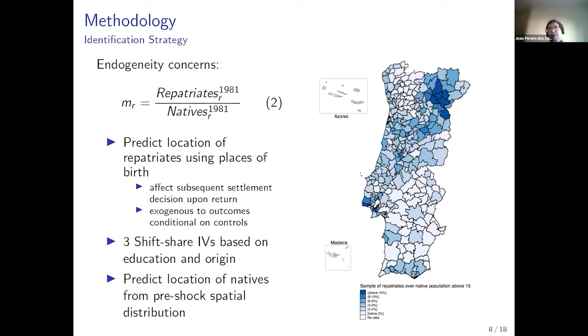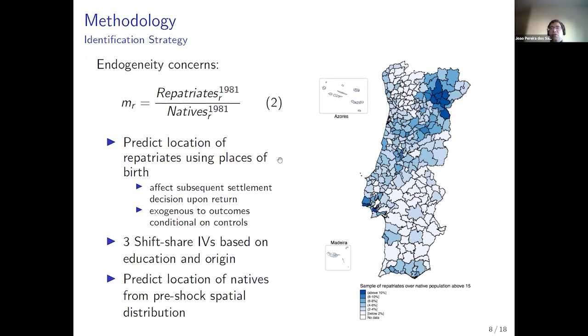So to deal with this issue, we have to construct instruments that predict the location of repatriates, and we do so by using their places of birth. This is a good idea as long as it affects the subsequent settlement decision upon return, and we are going to show that. And it has to be exogenous to outcomes conditional on our series of controls.